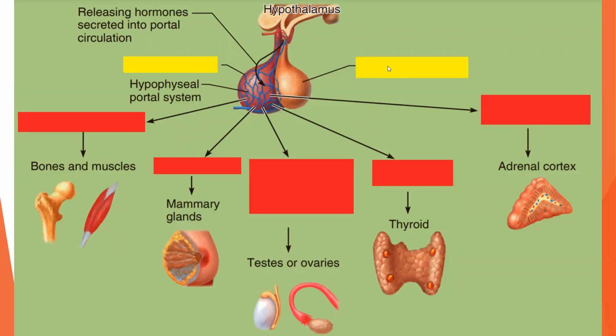Let's proceed to the next one. There is a hormone produced by your anterior pituitary gland that stimulates the activity of your thyroid gland. Can somebody identify the name of the hormone produced in the anterior pituitary gland that stimulates the thyroid gland?